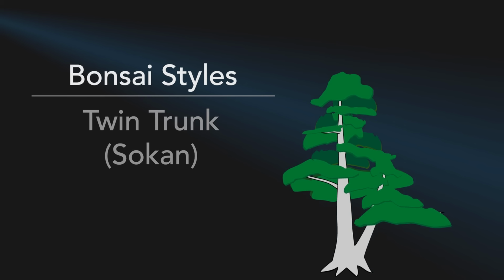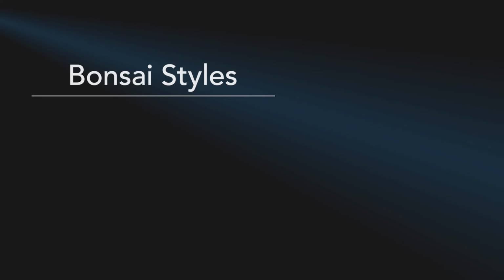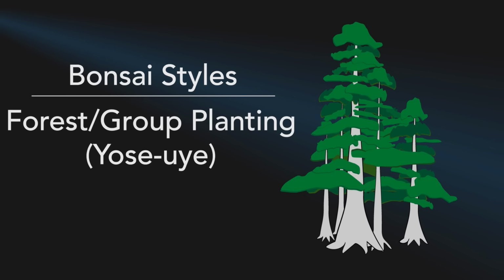If there are more trees in your design, this is entering forest style territory. These can be formal, informal, slanted, or any combination of those styles as well, except they do not come from the same base. A forest bonsai planting can be very exciting and challenging. They generally have a variety of trunk widths and heights, implying different aged trees all existing together in a composition.